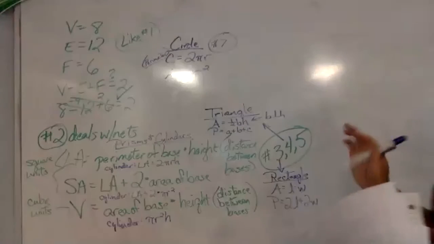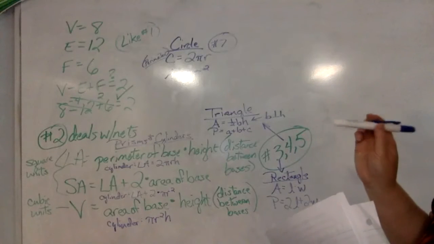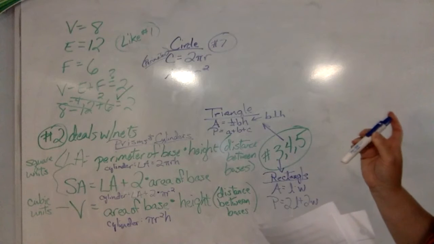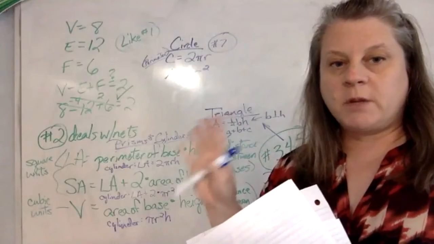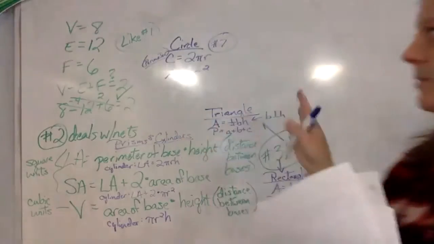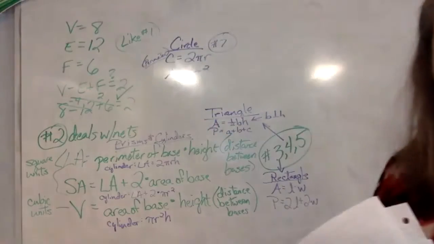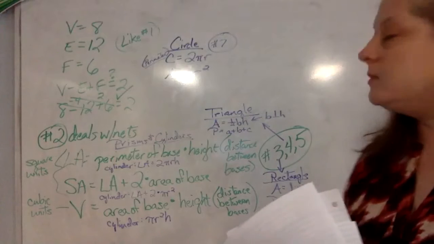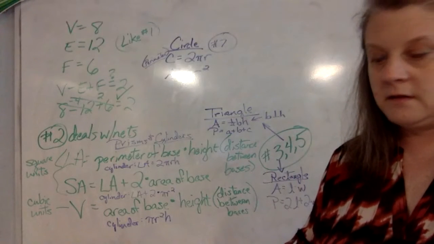So that's from sections 9.1, 9.2, 9.4, dealing with our prisms and our cylinders, and then our basic Euler's formula and the nets. Okay? So you should be able to do 1 through 7 on the test.